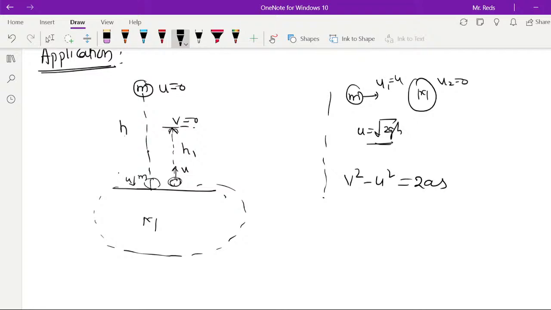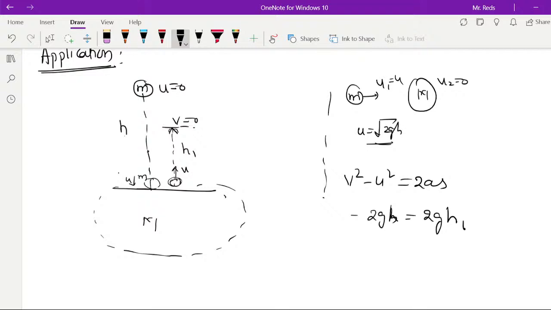Here v will be 0, u is under root 2gh, so u square will be 2gh, and a is minus g, but s is h1. So it is 2gh1.